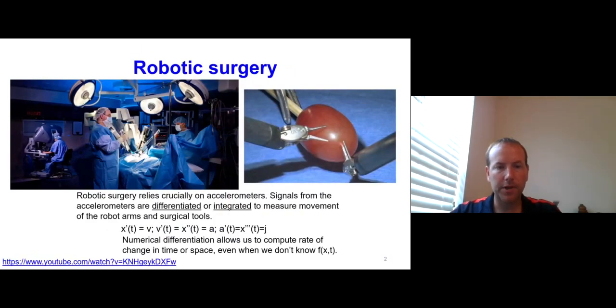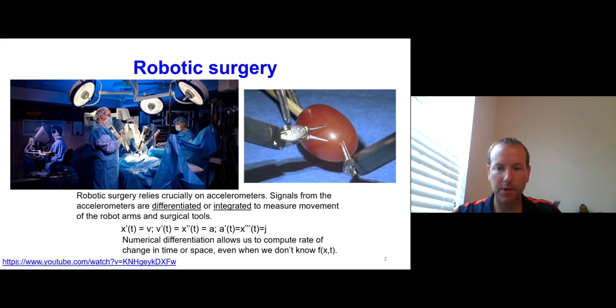So, robotic surgery has advanced tremendously in the past few years, and while there are many different pieces of instrumentation and sensors on these things, one of the main things used by these robotic arms are accelerometers.